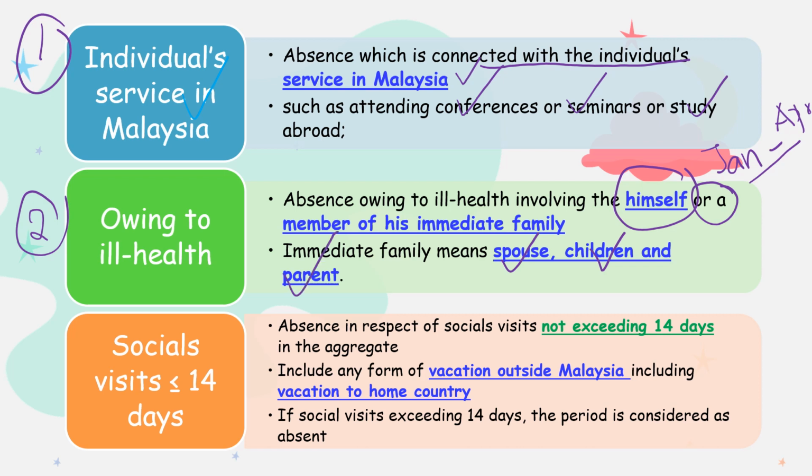Normally, guys, parent refers to biological parents or legally adopted parents. So how about sibling, grandfather, grandmother, auntie, uncle, cousin? Sorry, no. If you visit them or accompany them to get treatment, no. That one is considered as you being absent from Malaysia.